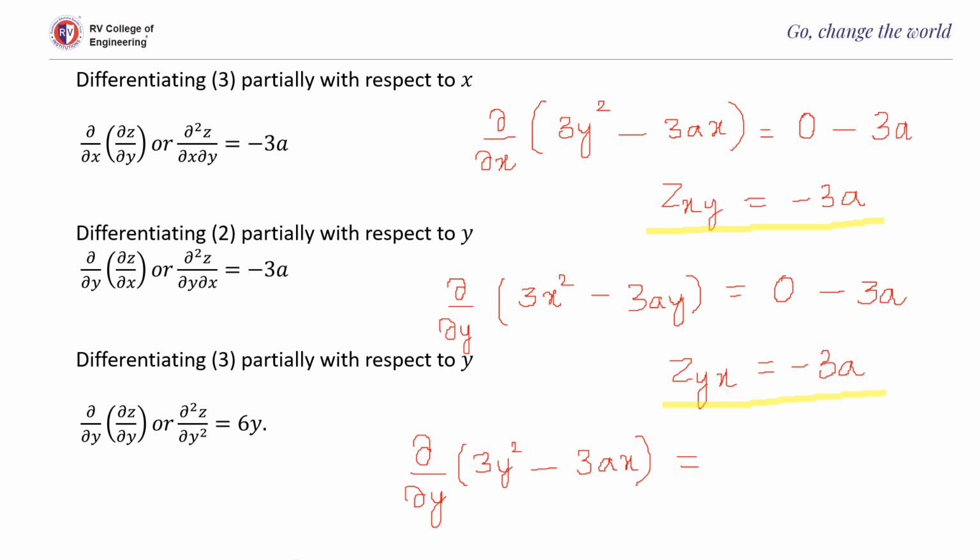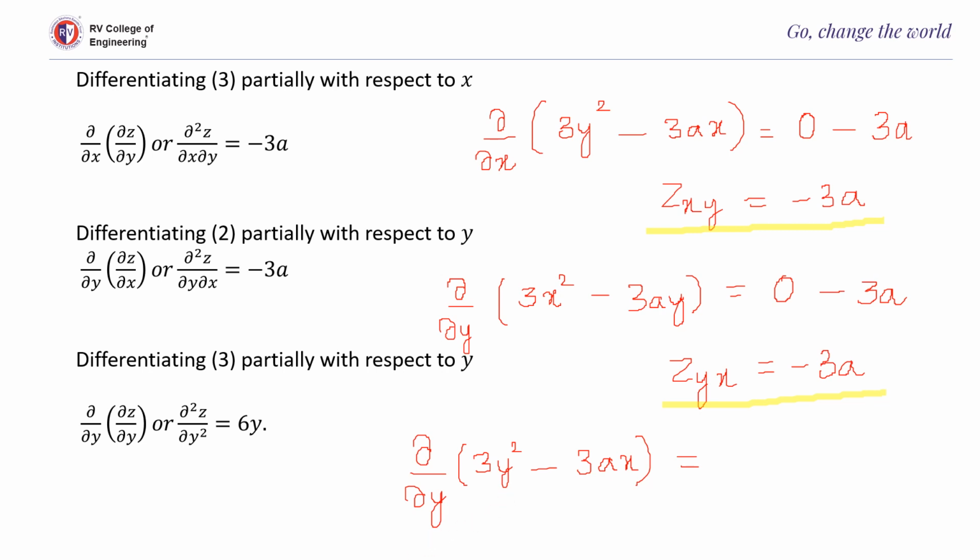Now, moving further, we find ∂²z/∂y², which is obtained by differentiating equation 3 partially with respect to y. Therefore, ∂/∂y of ∂z/∂y is the differentiation of ∂z/∂y with respect to y.